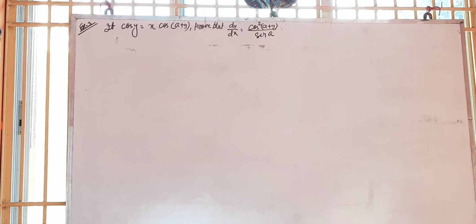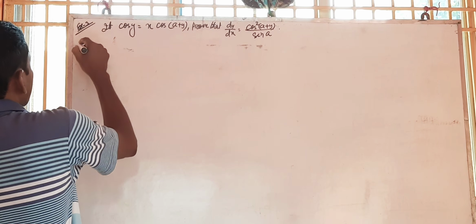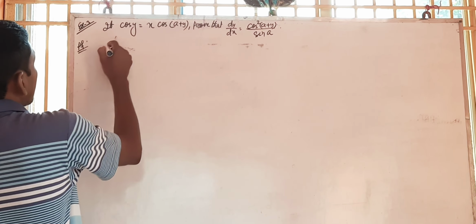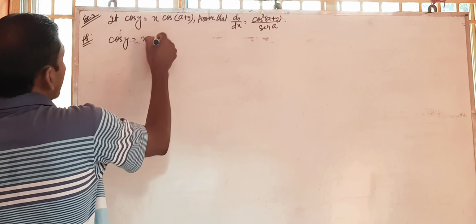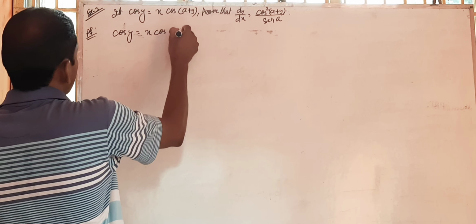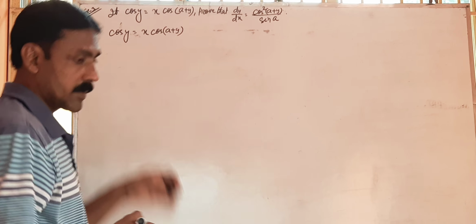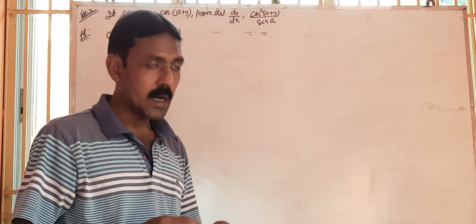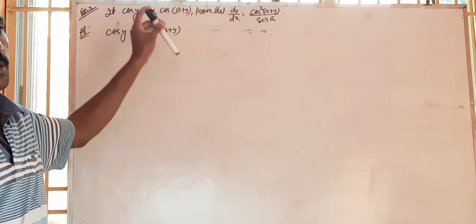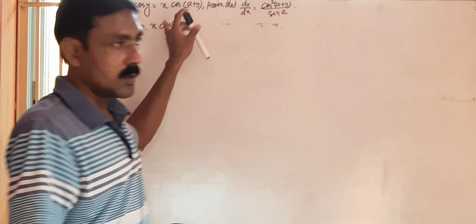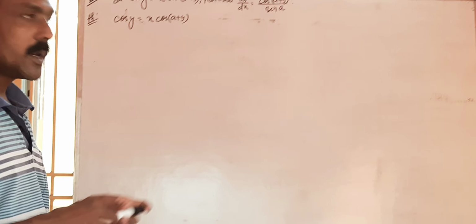Okay. So here again proof, it is cos y equal to x cos a plus y. Now here you see that on the left hand side only y is there and on the right hand side both x and y are there, but here we can express or separate the variables.